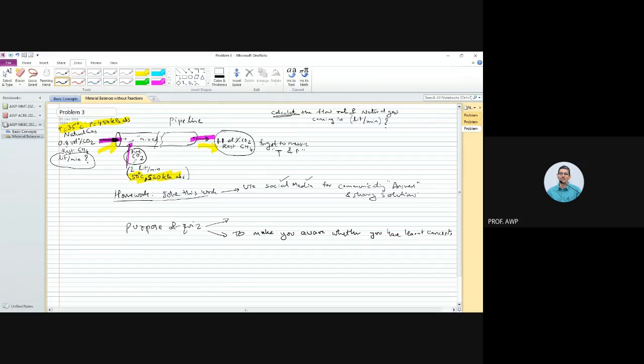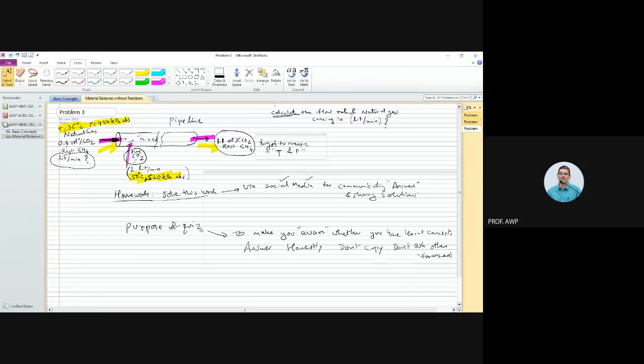That is the only purpose, to make you aware, and therefore answer honestly. Don't copy. Don't ask others. Not that it helps, because everybody may get a wrong answer. That is the only purpose of having quizzes, not to give you continuous assessment. Continuous assessment, everybody will get good marks.